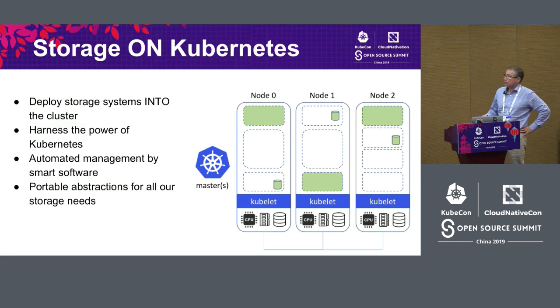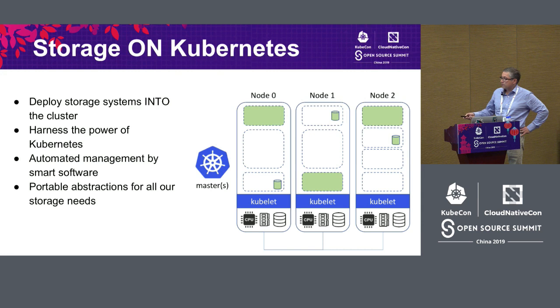So, storage on Kubernetes. What is this really? This is the example of classic Kubernetes with 3 nodes, 1 master, or maybe more than 1 master for high availability. And then what do we see? We see processors, we see networking, we see disks. We thought, okay, so why don't we just consume those workers in Kubernetes and build up a storage, because that's all we need. We need just orchestration.